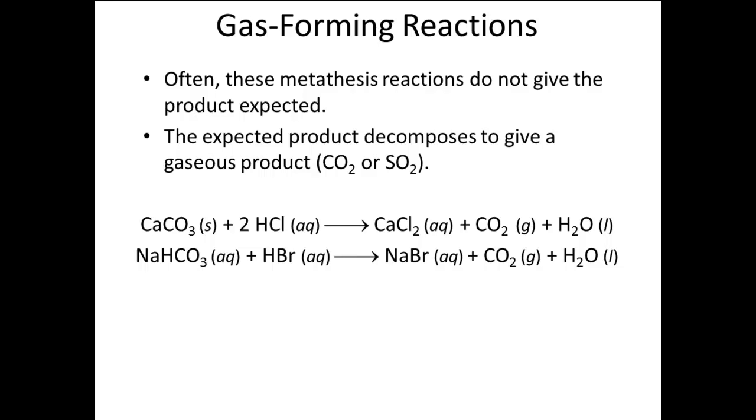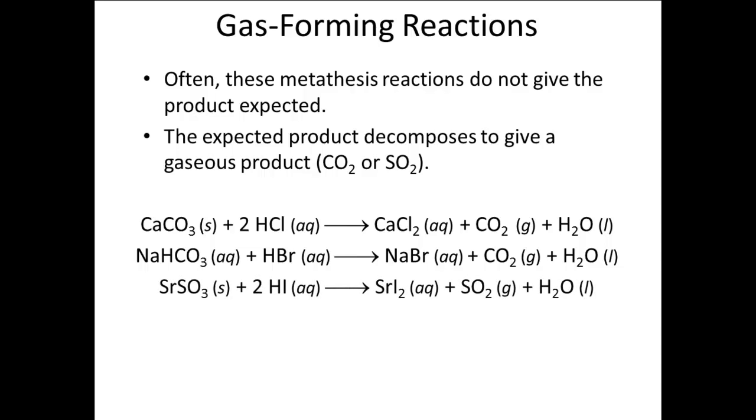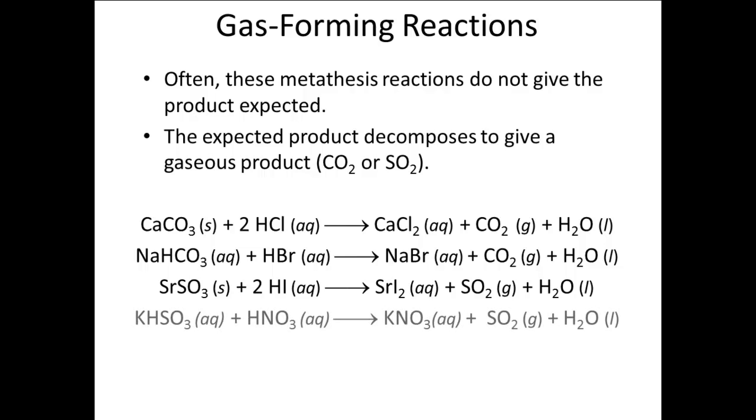The second gas is formed when a strong acid reacts with sulfite ion, SO3 2-, or bisulfite, hydrogen sulfite ion, HSO3-. The expected product is H2SO3, which breaks up into H2O and SO2.